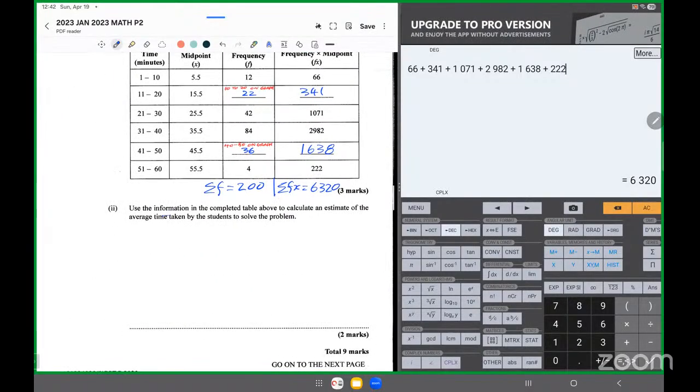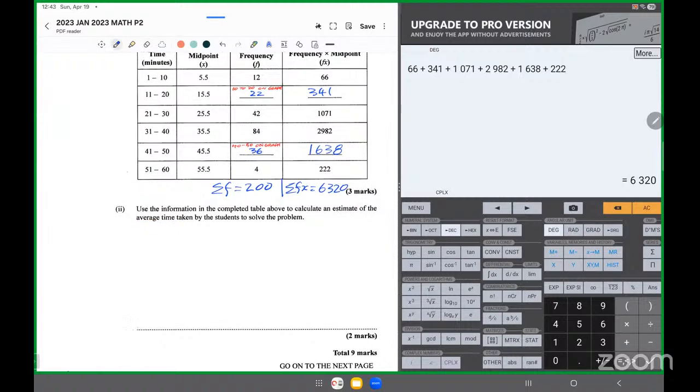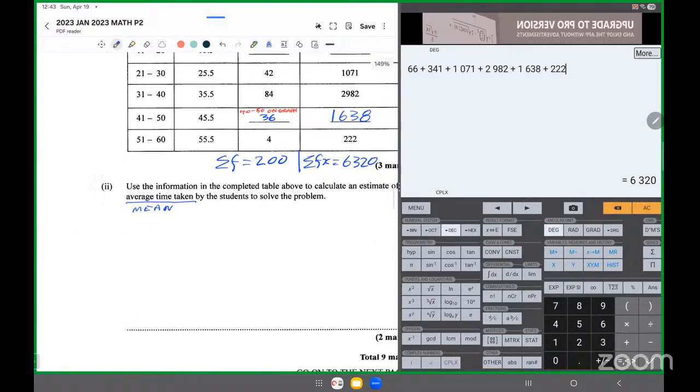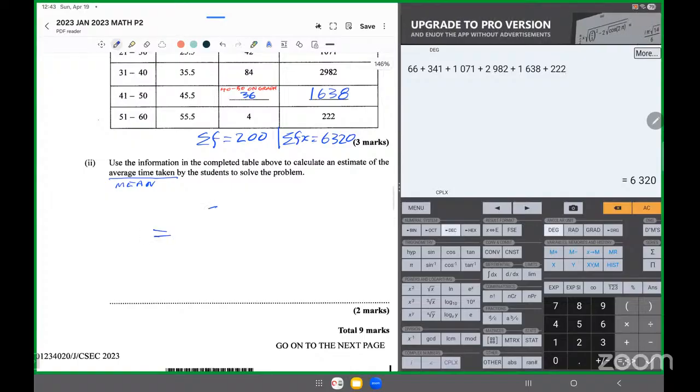Then it says use the information to estimate the average time. The average time is the mean they're asking you for. The mean is equal to the sum of Fx divided by the number of students, which is the sum of F. So it becomes 6320, the total time approximately taken by all 200 students.